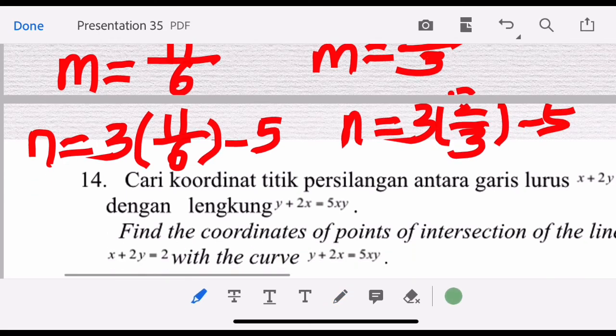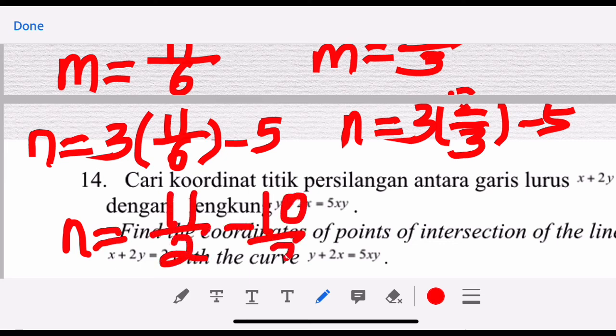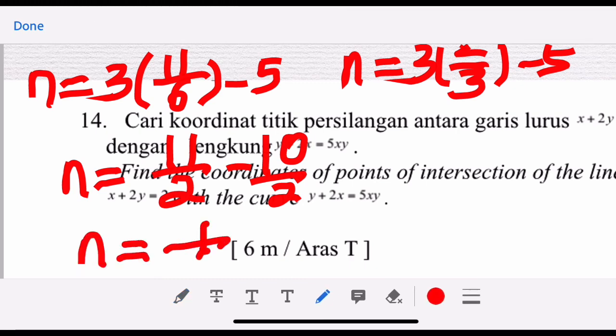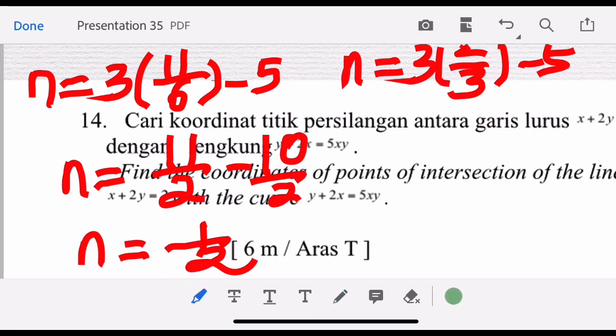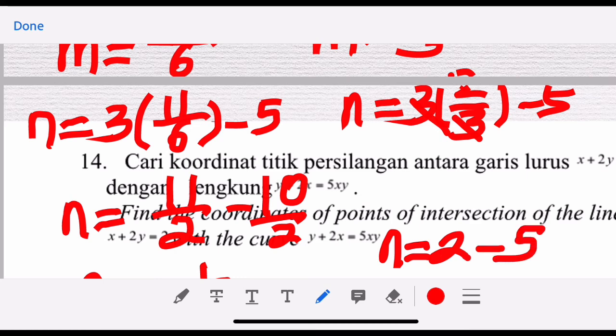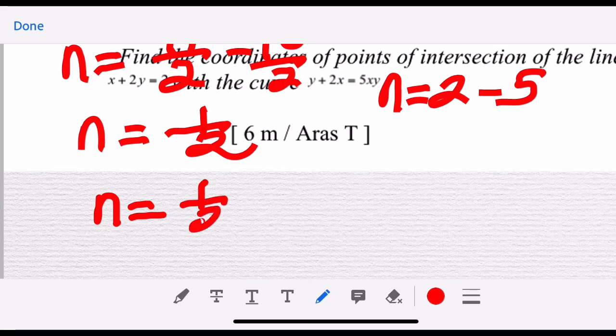You can always use a calculator to solve. This is 11 over 2 minus 10 over 2. So the n is equal to 1 over 2, right? And for this one, let's simplify, n is 2 minus 5, right? Okay, so finally we have solved. The n is half, the other n is negative 3.